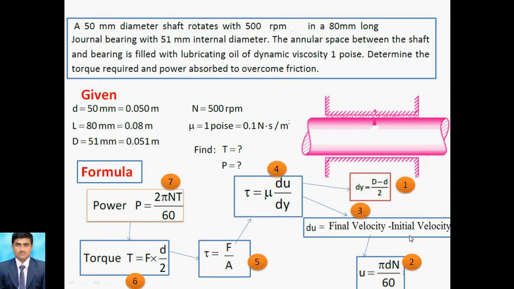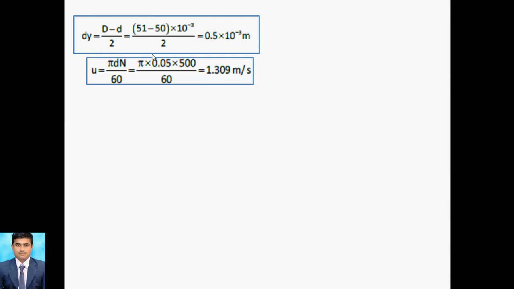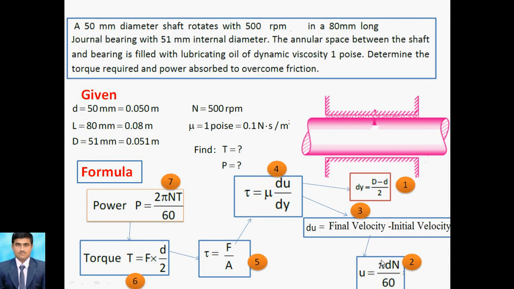So this is regarding the next point. Here we calculate dy, that is (51 minus 50) into 10 raised to minus 3, for conversion of mm to meter. Then 2 is as it is, and the value is like this. Now the second point is u is equal to pi D N by 60.